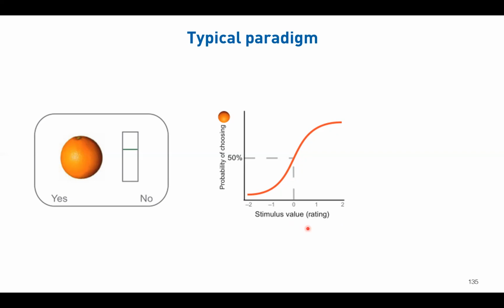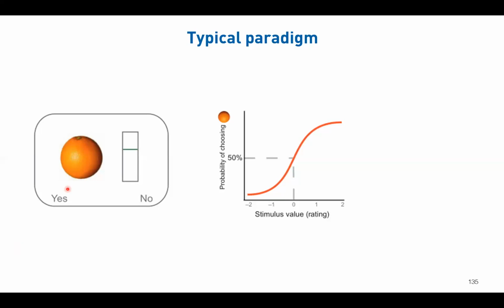So there's something I didn't tell you. Before this experiment, usually experimenters just show participants this orange and also some other objects, maybe once or twice, and ask them on a scale rating, for example, between 1 to 9, how much do you like it, okay?